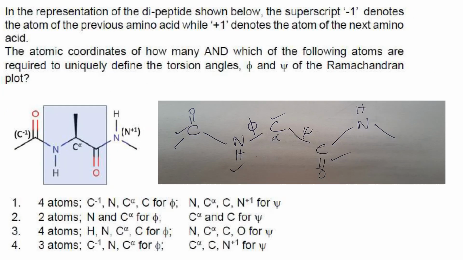Then next one. In the representation of the dipeptide shown below, the superscript -1, that is this one over here, denotes the atom of the previous amino acid, while +1, this one, denotes the atom of the next amino acid. Okay, this is where your peptide bond is, the CONH bond.